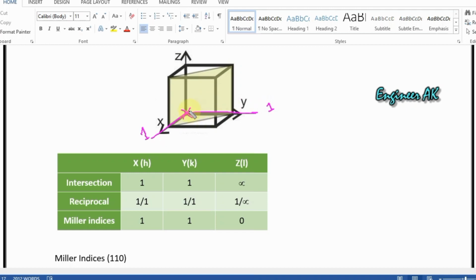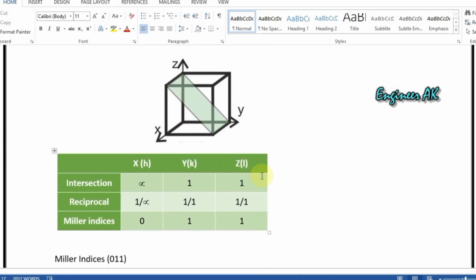And if I move along the z-axis, it is parallel to this plane and not cutting it, so infinity. So at x-axis 1, y-axis 1, and z-axis infinity, taking its reciprocal, step 2, we get 1 1 0. So here we go, 1 1 0.